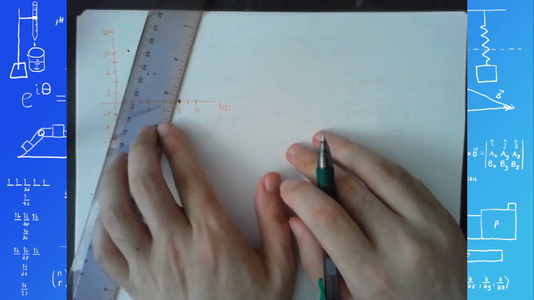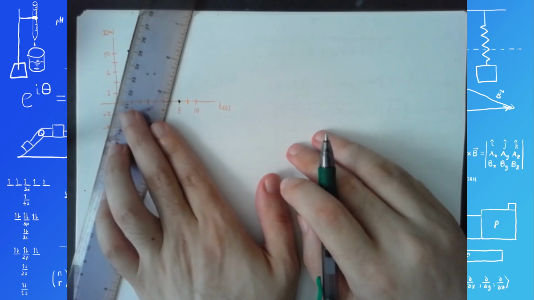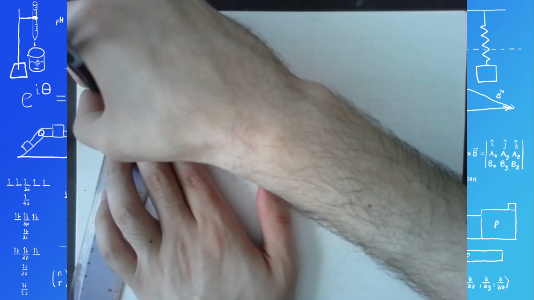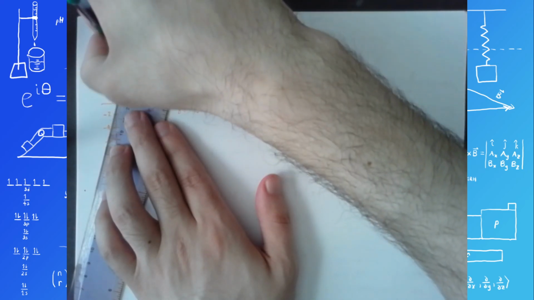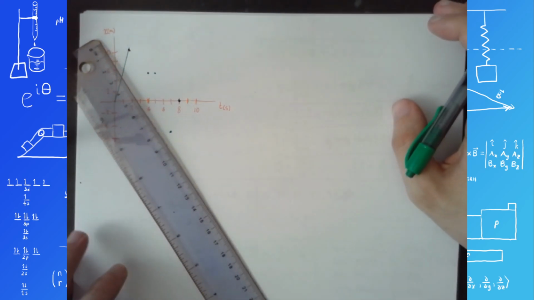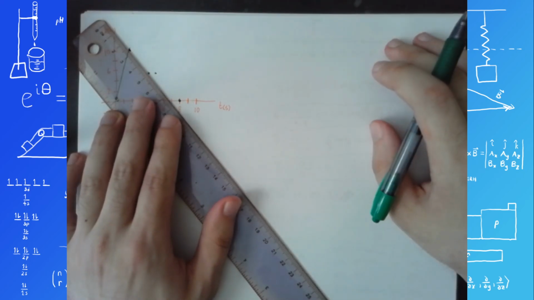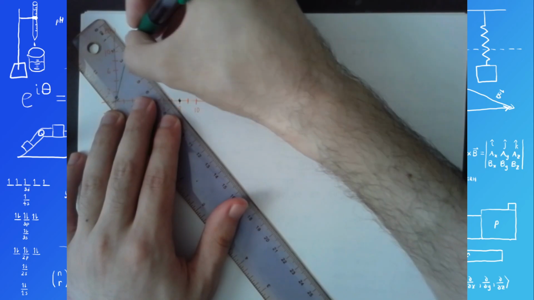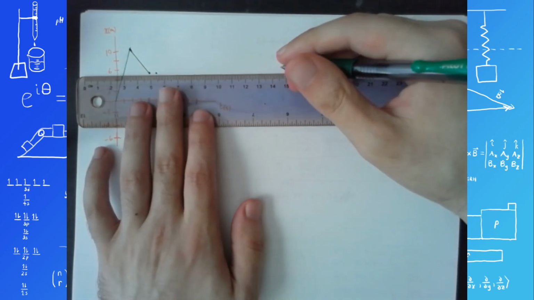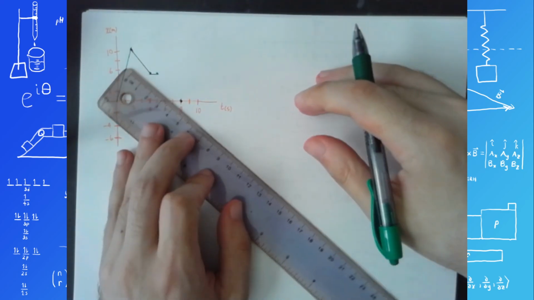But anyway, starting from 0, 0. We have that, then goes down that way. I don't even think I need the ruler for this, but there we go.